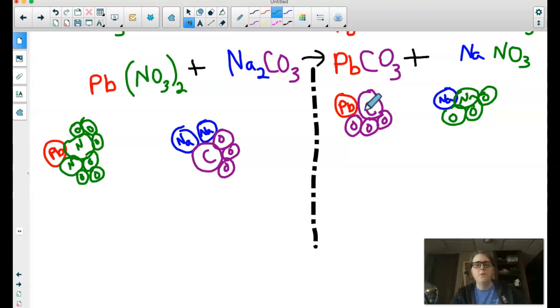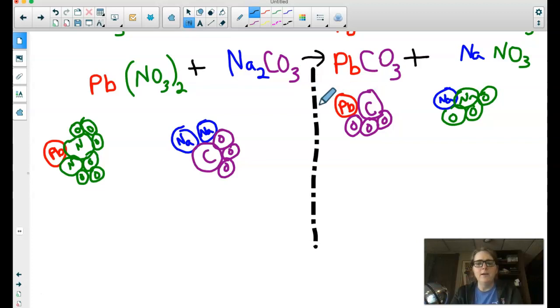Now, one thing that can be helpful as a starting point when we're dealing with polyatomic ions is to start by essentially treating them as just one thing. That's going to work really well in this case because I start out with nitrate and I end up with nitrate. I also start out with carbonate and end up with carbonate.